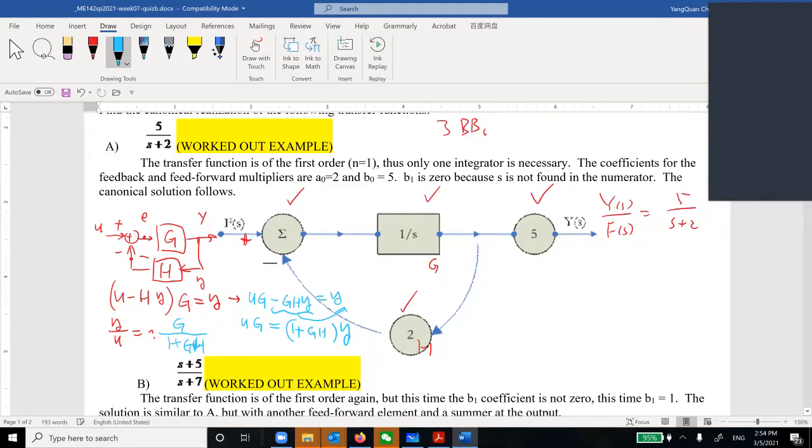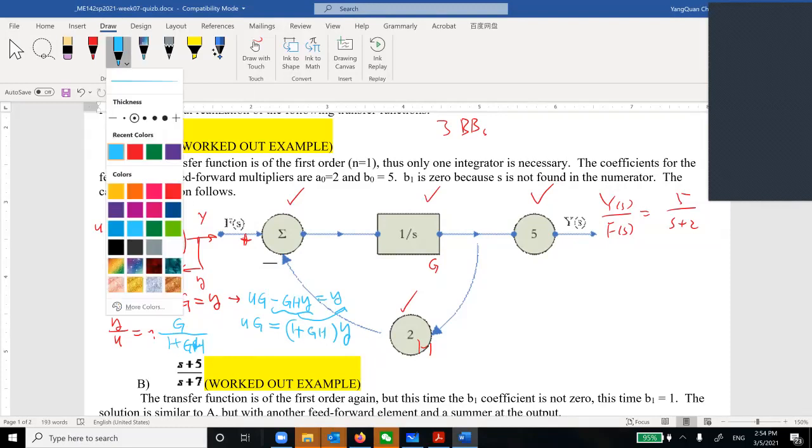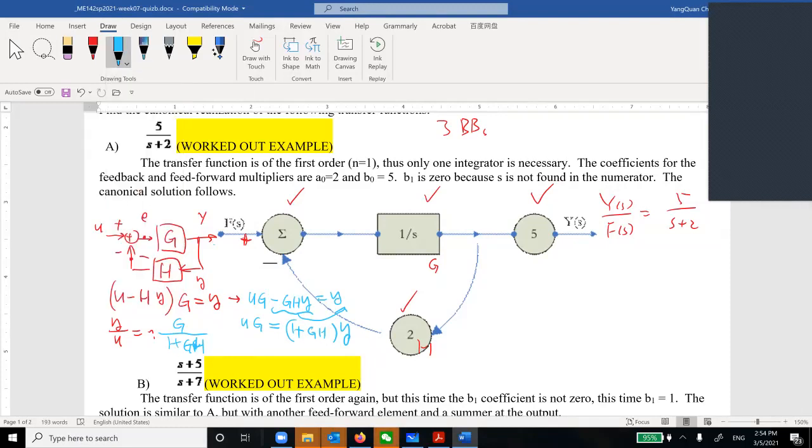Okay. So there's a rule you can take. The G in this setting is called the forward loop. Forward, you go this way, you have G. So this one is a feedback loop.